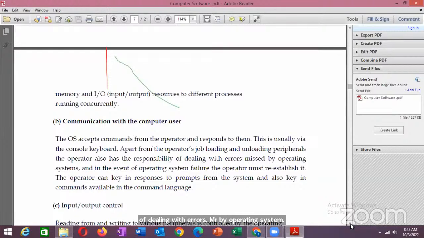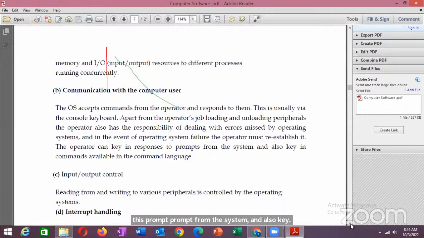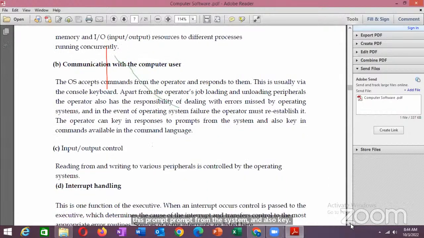And in the event of operating system failure, the operator must reestablish it. So the operator can key in responses to prompts from the system, and also key in commands available in the command language. So that creates what we call communication to the user.